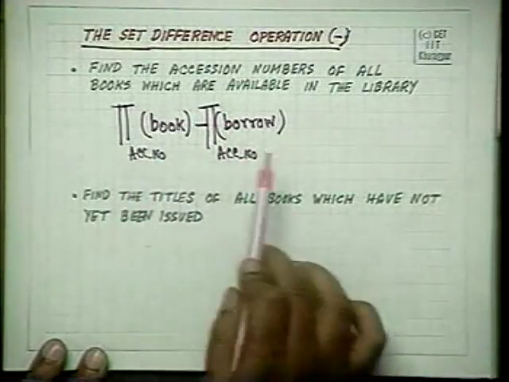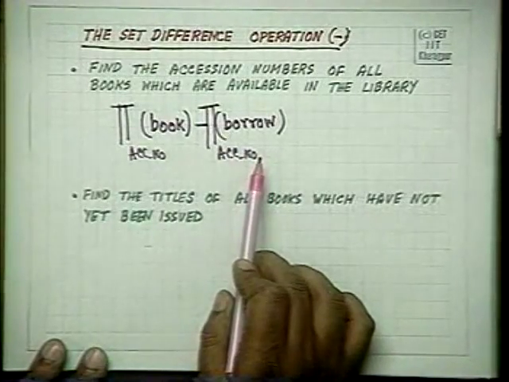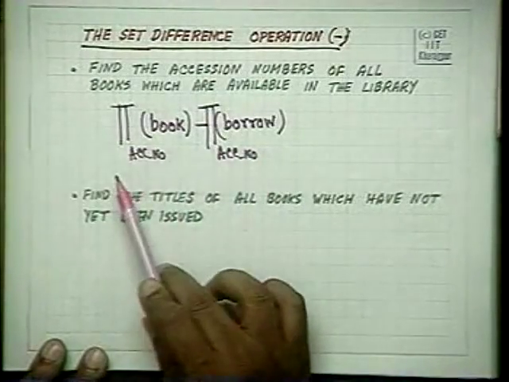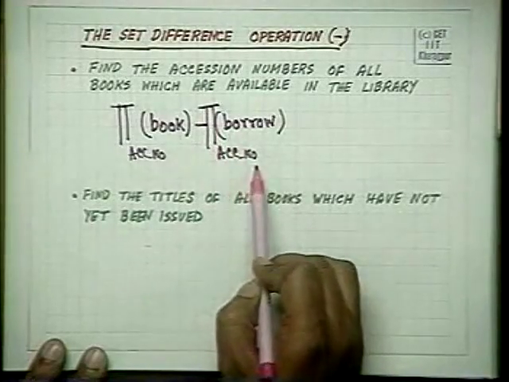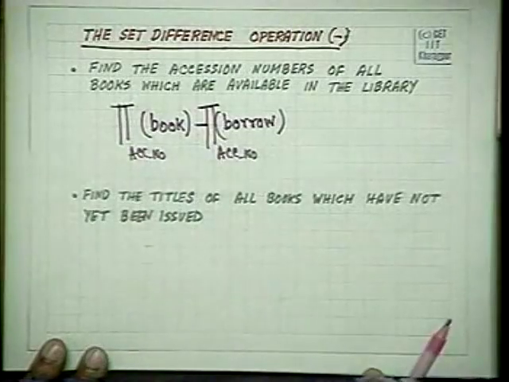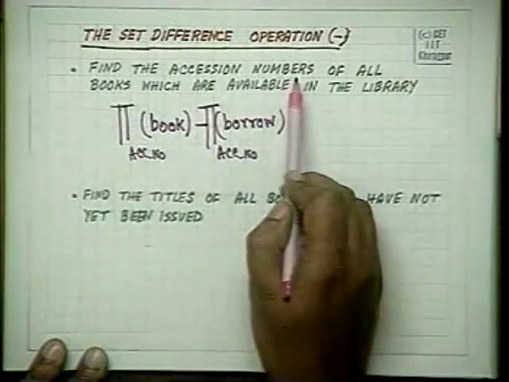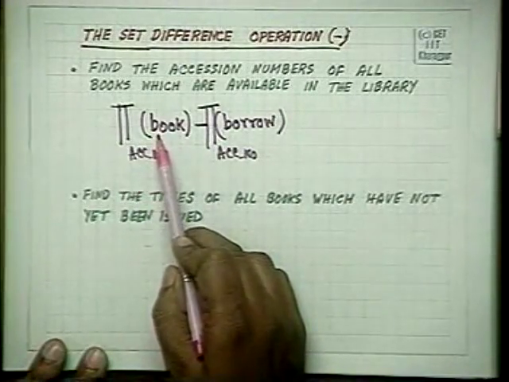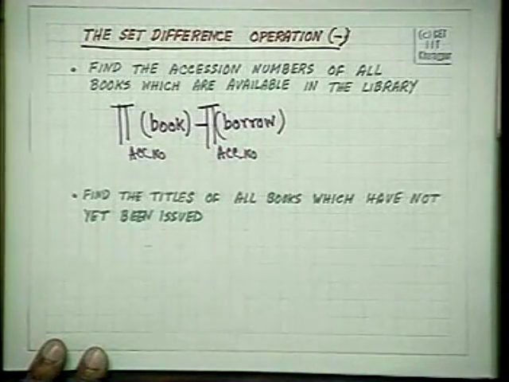Now it is defined on two relations which have got the same attribute. These two relations have got identical attributes, accession number. Borrow pi accession number has got only accession number as attribute, book accession number has got only accession number as attribute, and this will return only those accession numbers which are in books which are supposed to be in the library, and which have not yet been borrowed.